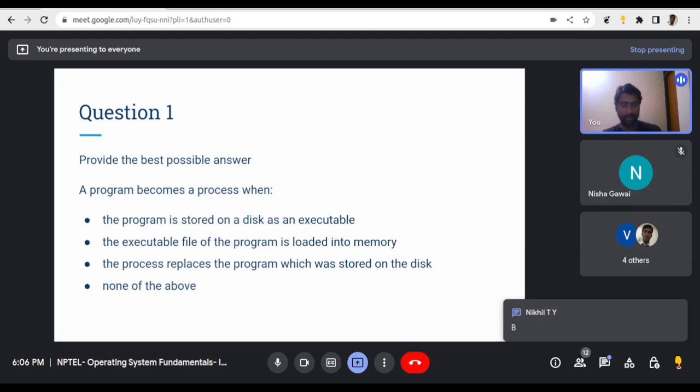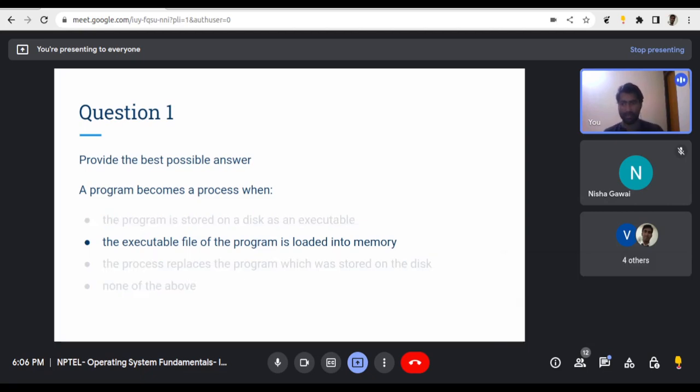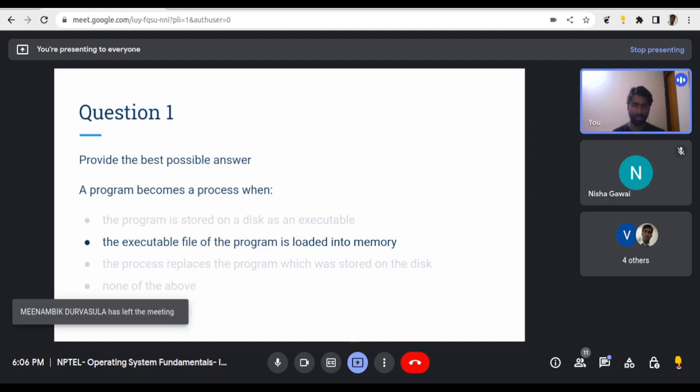Okay, everybody is saying B, so let's see what the answer is. It is B. As I said, the executable file, once it is loaded into the main memory of the computer, becomes a process, and that is when it becomes ready to run. It is a contender for getting the CPU access, and then it can run.